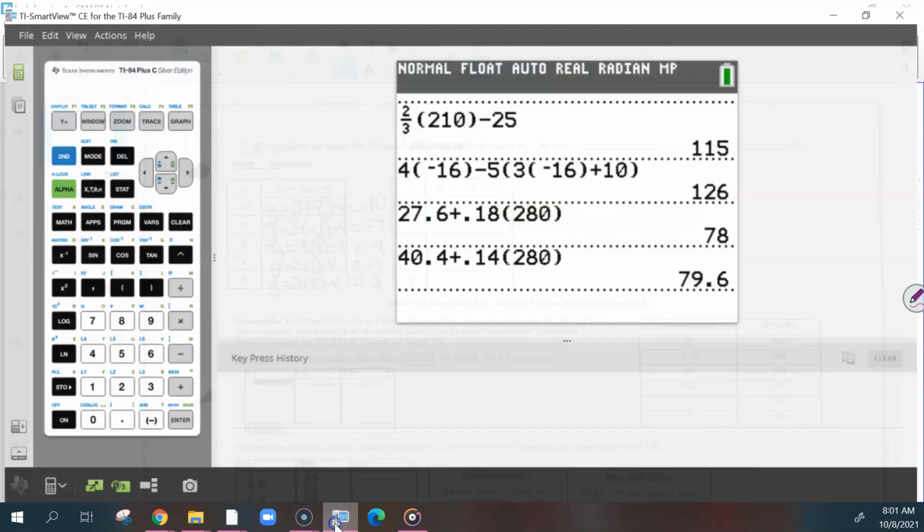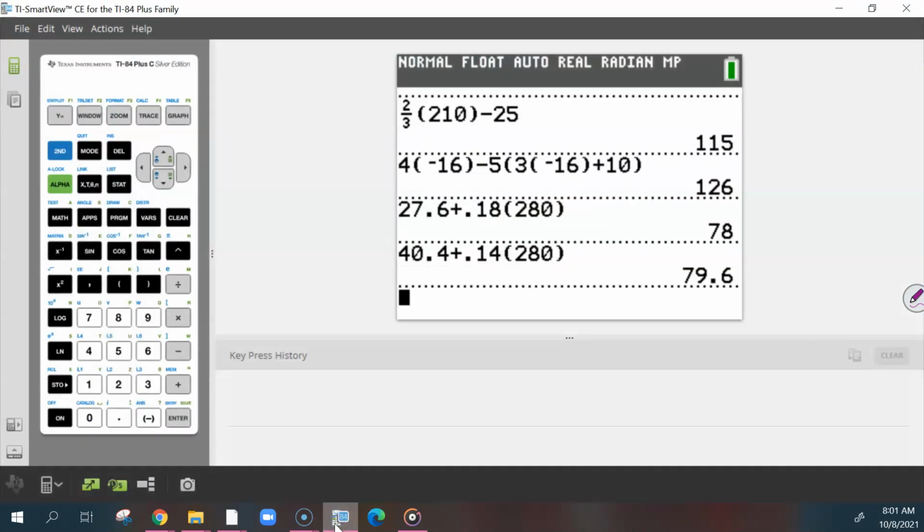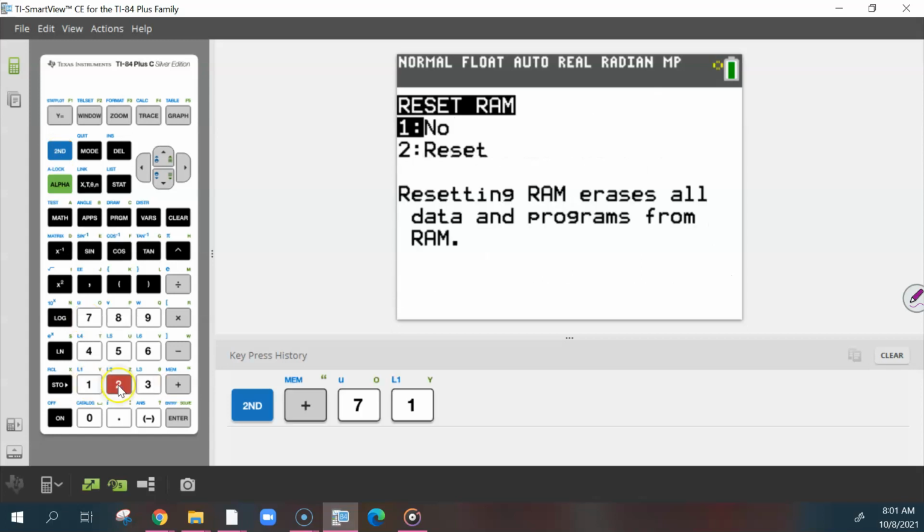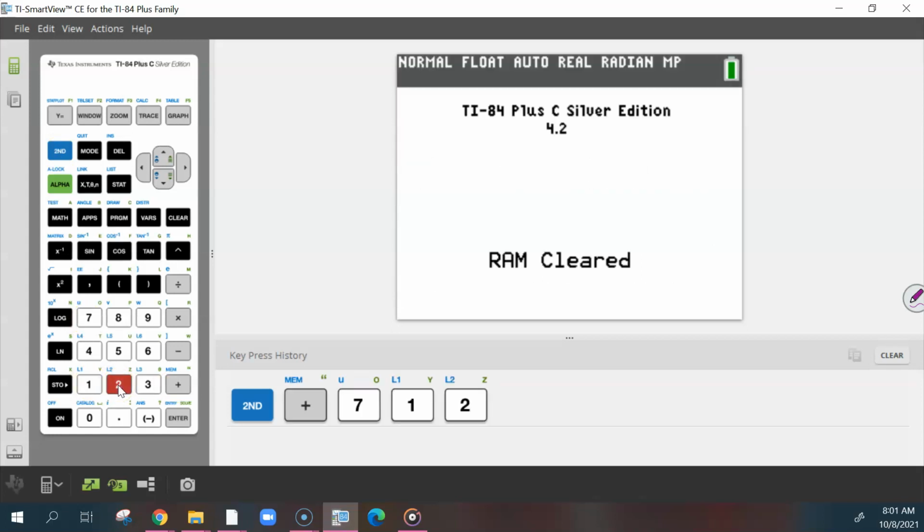-2x is fine. So I'm going to go first. I'm going to clear out my calculator. All of the buttons I pressed are going to be down here, so if you miss something, look down here. It's second plus 7, 1, 2 to reset it. Because everyone uses these calculators, there could be a bunch of different data everywhere.